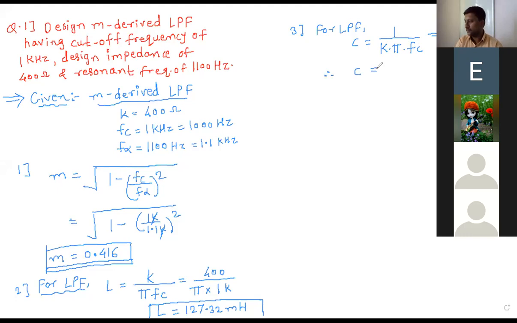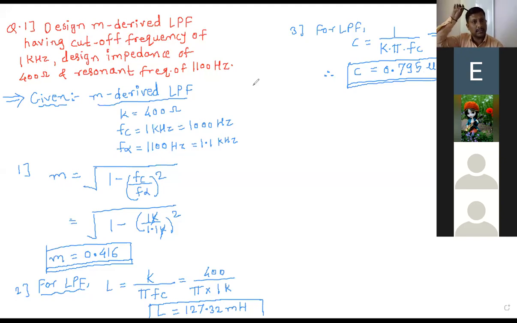Again, calculate the C value. 0.79 microfarad. Yes, 0.795 into 10 raised to minus 6, that is nothing but micro. So we got all those values, M as well as L as well as C.